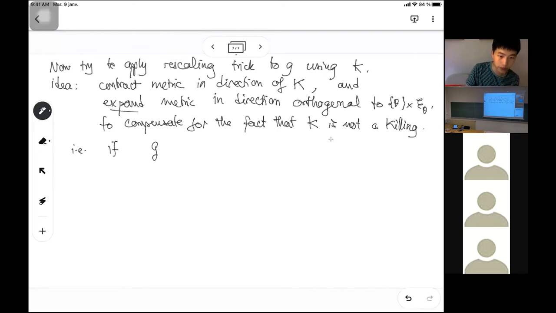So if your metric is given by that, so sum of 3 metrics, remember that this is the part tangential to slices of the form E theta.